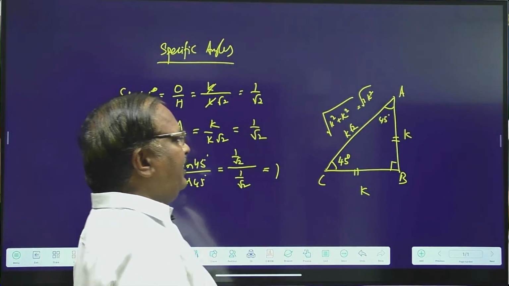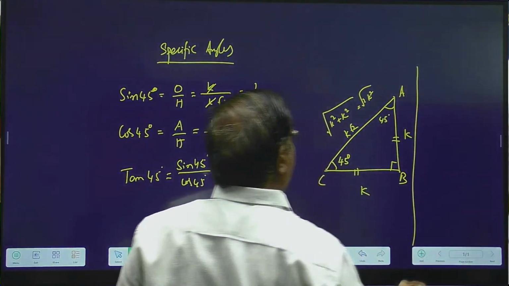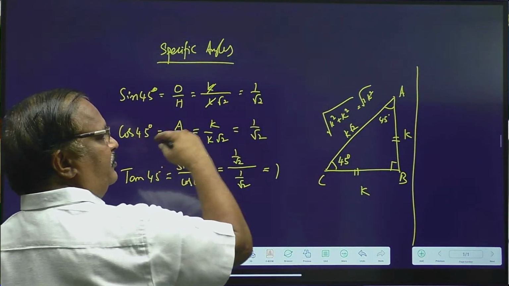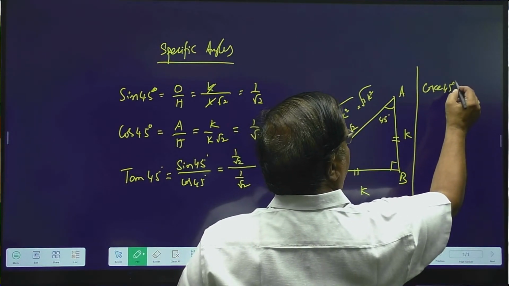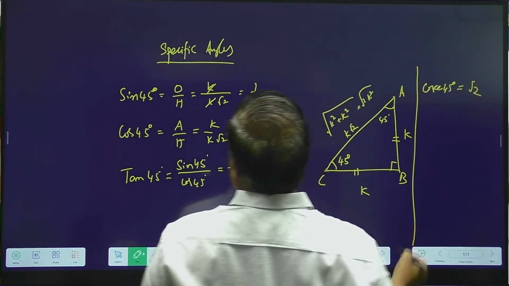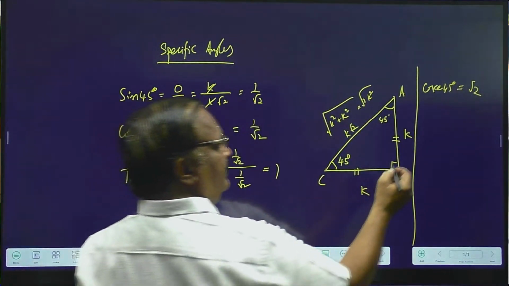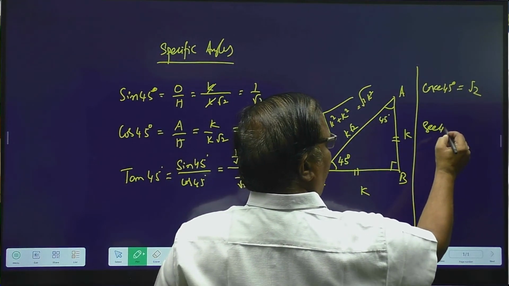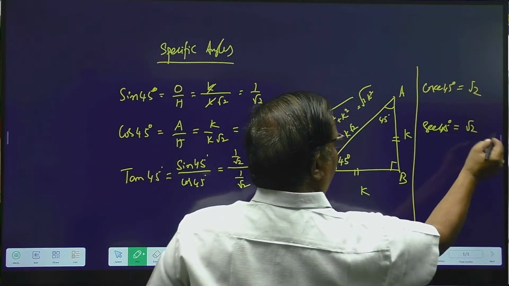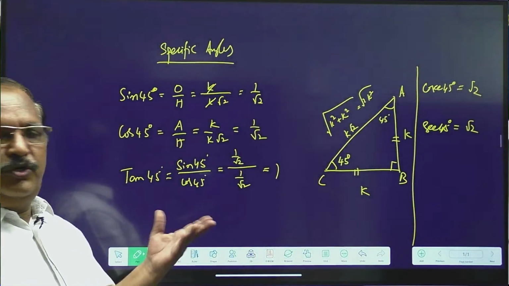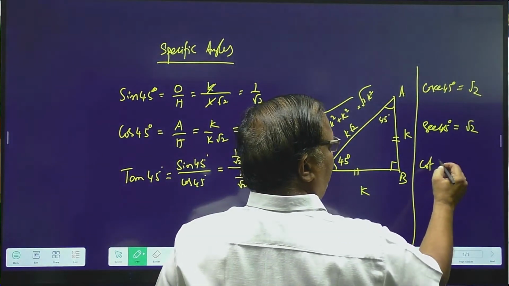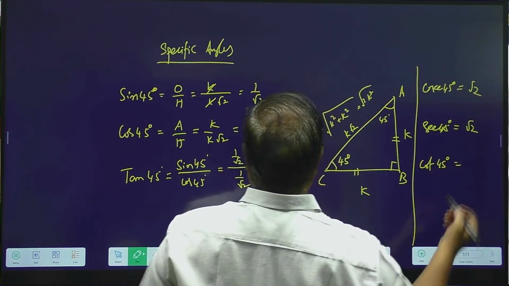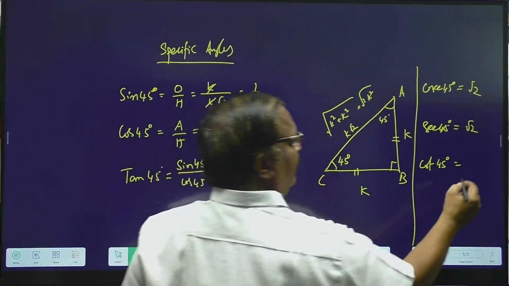So accordingly we can find cosecant also. Sine's reciprocal is cosecant. So cosecant 45 degrees is equal to root 2, and cos 45's reciprocal is secant 45, which is equal to the reciprocal of 1 upon root 2, that is root 2. Tan 45's reciprocal is cot 45. The reciprocal of 1 is 1.